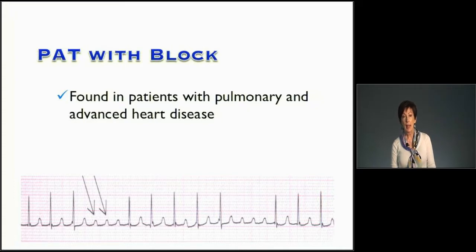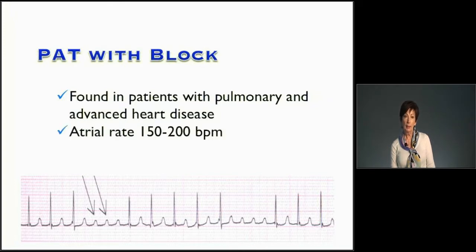And to have every now and then some of them not conduct can give the heart rate a break. And this is typically found in patients with pulmonary and advanced heart disease. And as we know, in today's aging population, and the aging population of our hospitalized patients, it's not uncommon to find that most of our patients may have some degree of heart disease and pulmonary diseases as well.